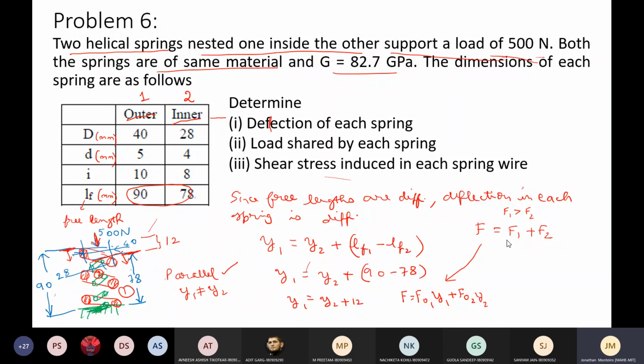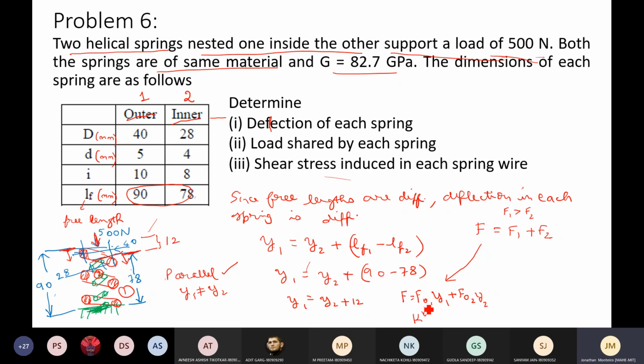So it is the same as writing F is equal to F1 plus F2, where F1 is F01 into Y1 plus F02 into Y2. So this notation F0 is also called spring rate. Sometimes in some textbooks it may also be given as K or spring stiffness. I am maintaining F0 because it is in your data handbook, so that is why you should be familiar with this F01 notation.